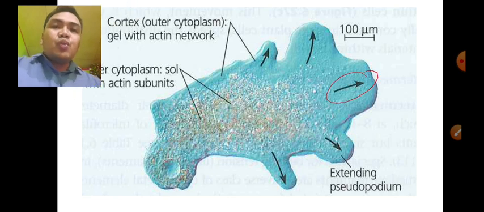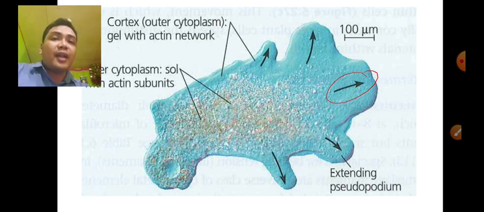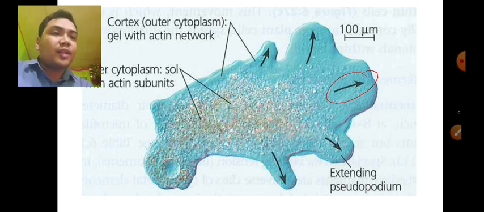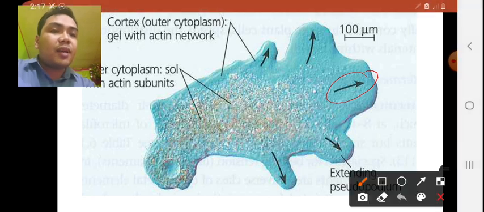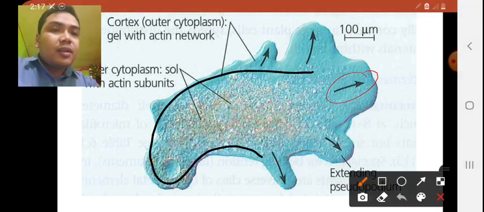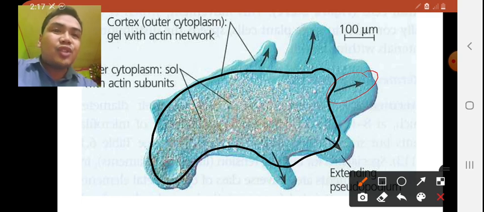So amoeba is one of the species under kingdom Protista, meaning to say it is one of the species among the protists. Okay? And in our illustration right now, we have the cell of an amoeba. So as you notice, the cell of an amoeba consists of these granule-like structures or sand-like structures.